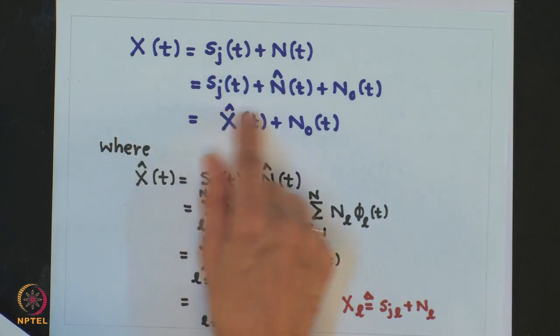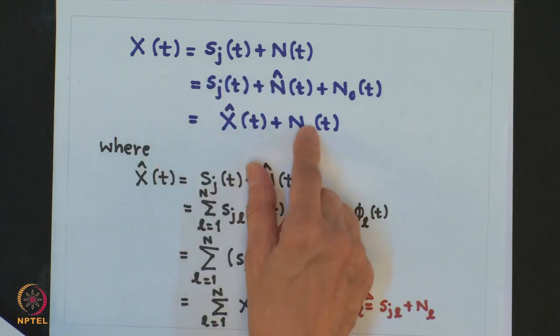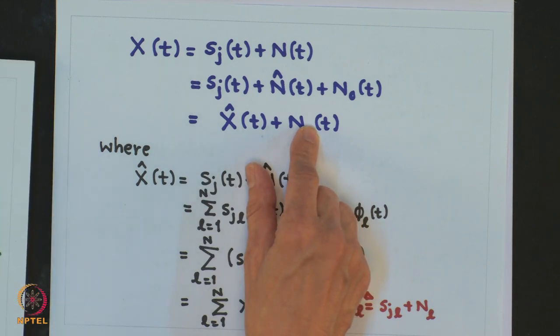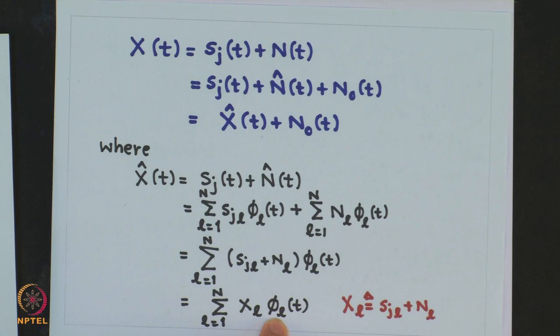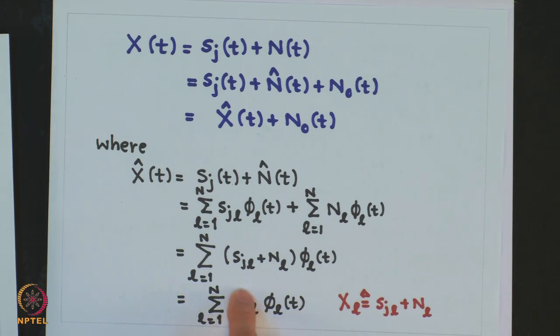So, we got this equal to x hat t plus n0t, correct, and x hat t can be represented in terms of the basis signals phi lt by using this expansion coefficient xl. This we have done earlier, okay.